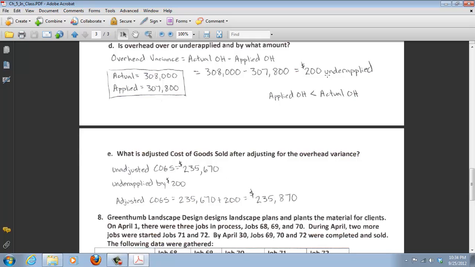We know from the above calculation that we're underapplied by $200. So when there's an under application, we're going to go ahead and add that amount back into the cost of goods sold. So you can see we add in our $200 here. So our adjusted cost of goods sold is $235,870.